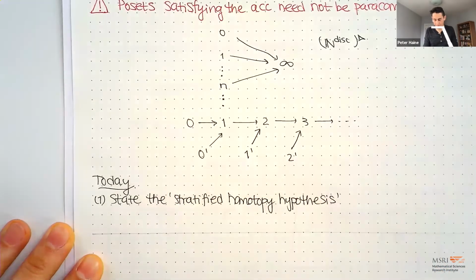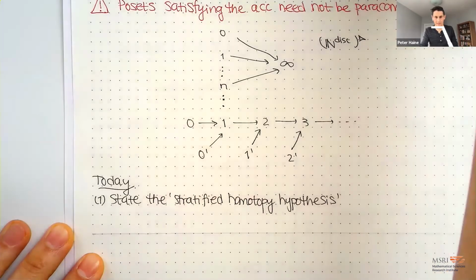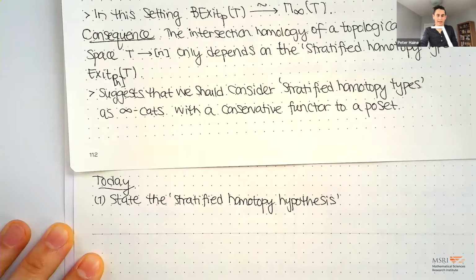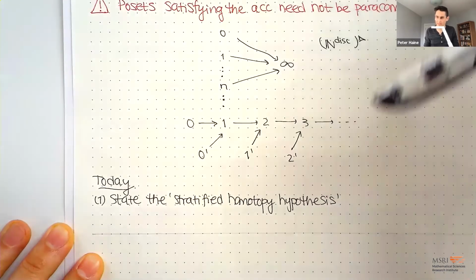So this is going to be an equivalence between some purely homotopical objects, which are infinity categories with a conservative functor to a poset, and some things that actually have to do with stratified topological spaces.